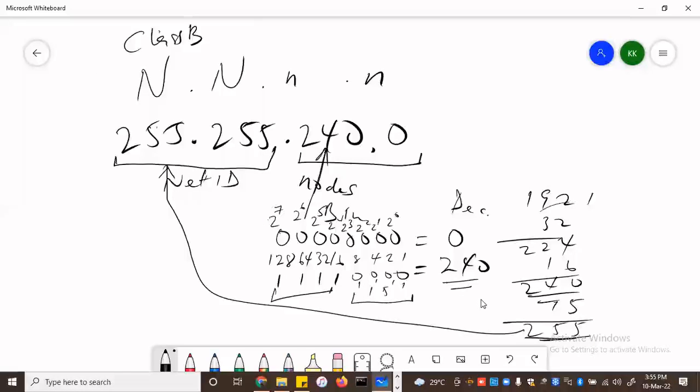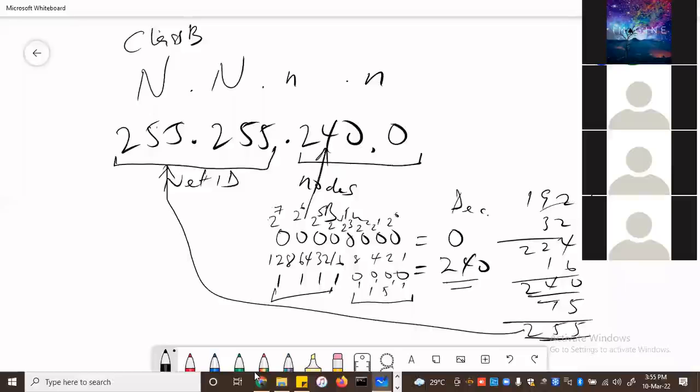So basically we have 1, 2, 3, 4 plus the 8 from here. Keep in mind, this is decimal 0 here, which actually consists of 8 bits of zeros in binary. So 8 plus 4 is what? 12.